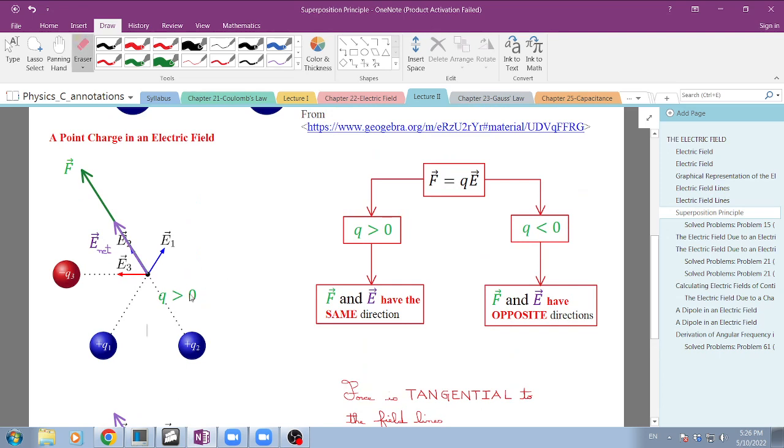If the charge is positive, my friends, the force and the electric field are going to have the same direction.